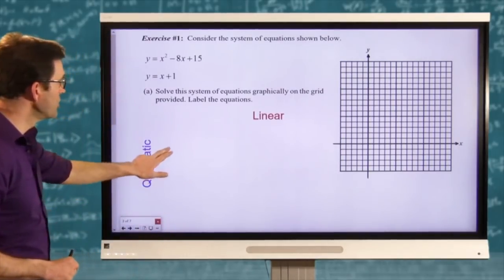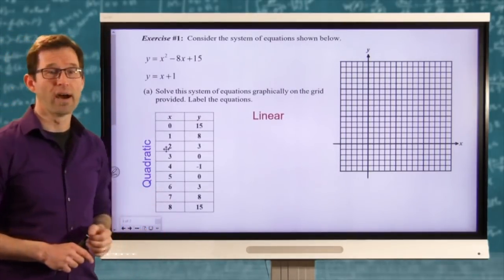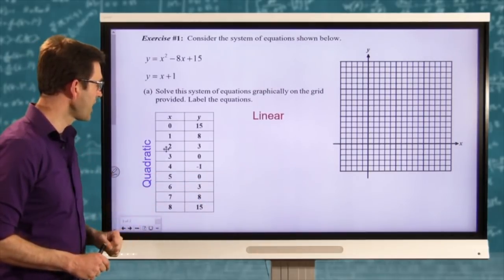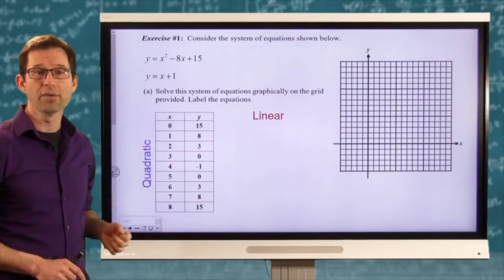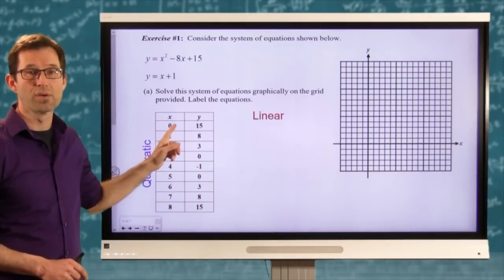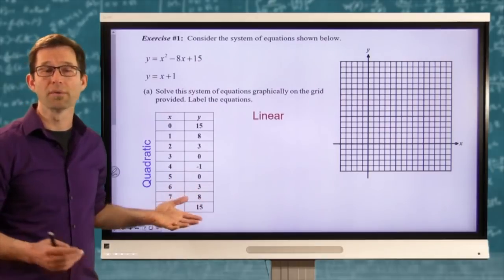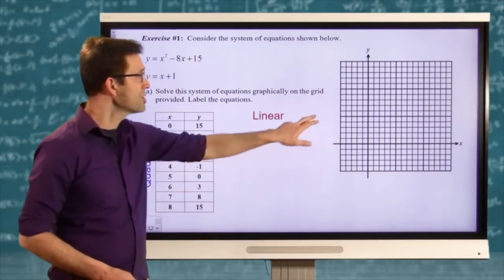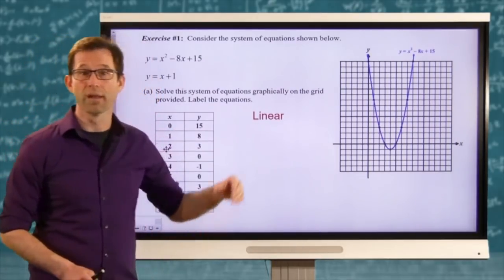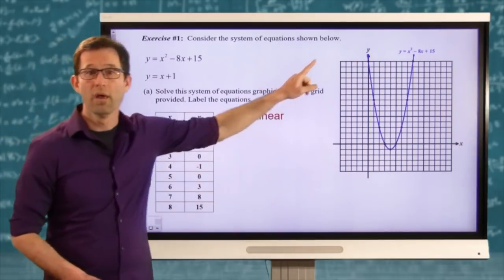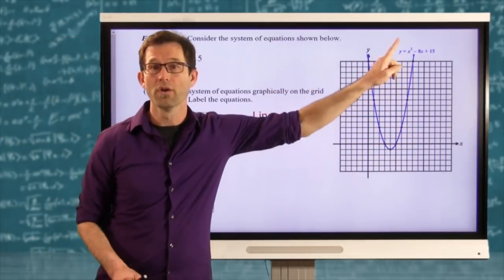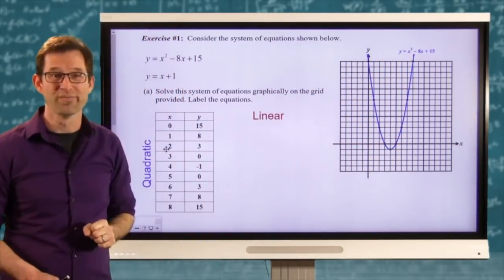Well, one thing I am going to do is have a table of values come up. There's our table of values. Of course, we can plot these points: 0, 15; 1, 8; 2, 3; 3, 0; etc. But eventually we would just get our parabola, a nice, smooth curve. Don't forget to label its equation.